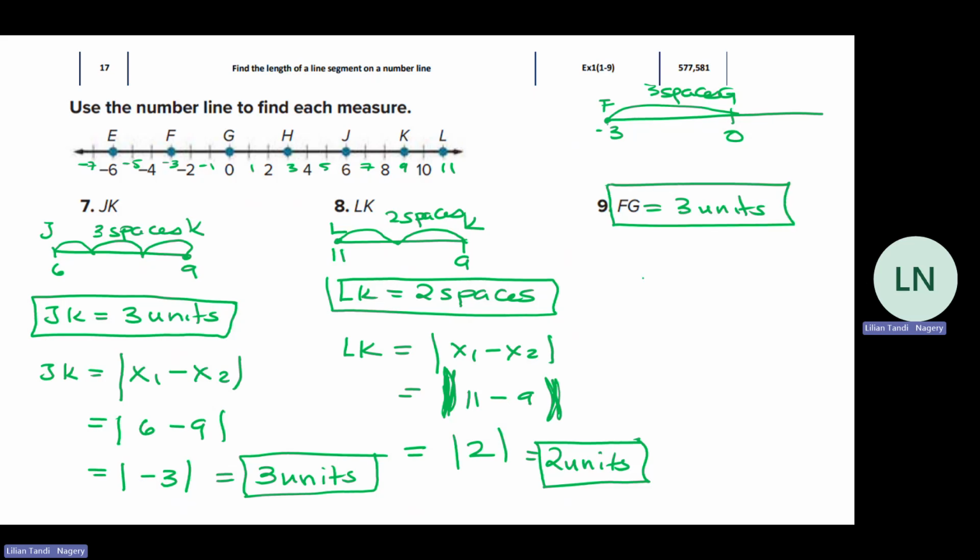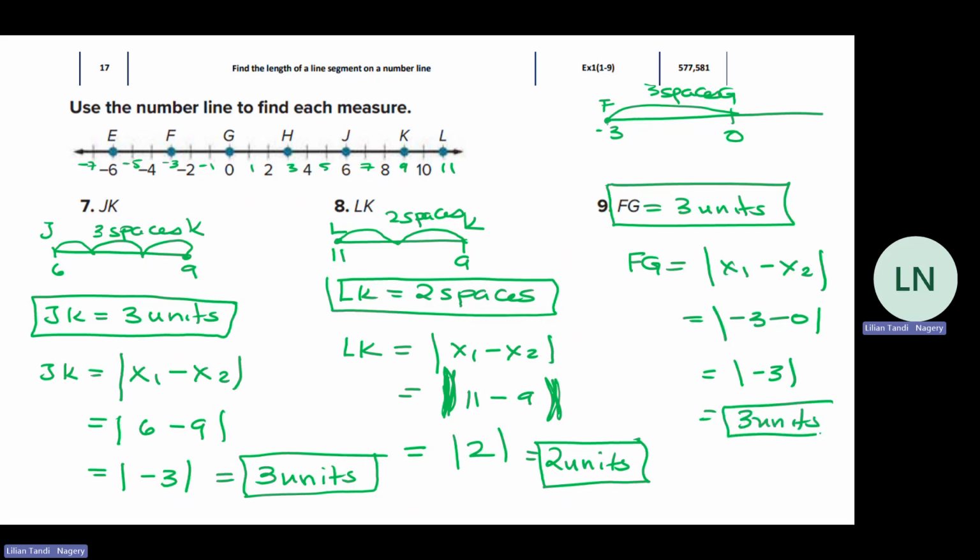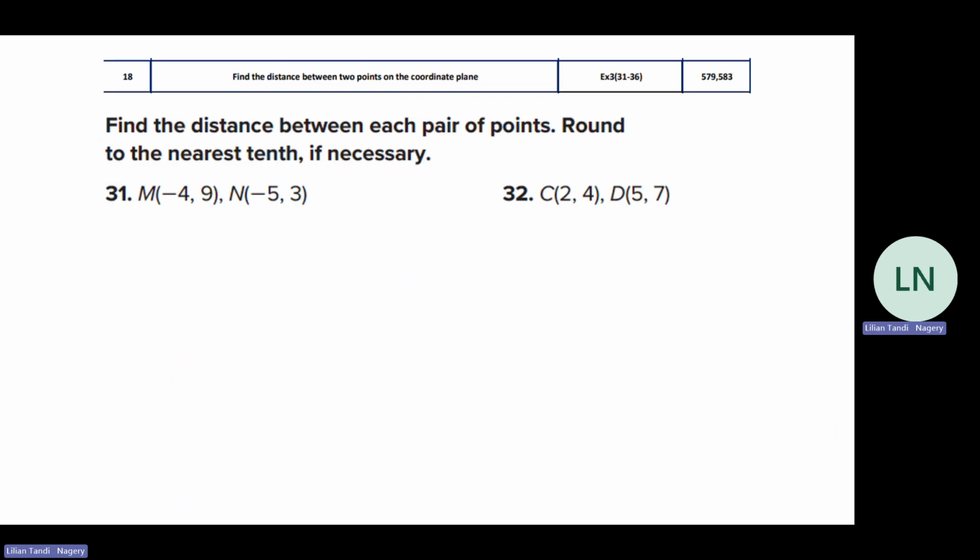And I box my answer. And then I check F to G using x1 minus x2. And this one is -3 minus 0, which is absolute value of -3, which is 3 units. And you box your answer.